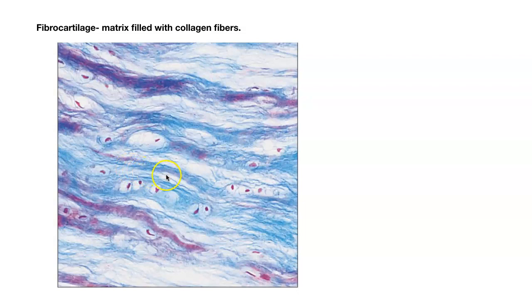The matrix is filled with lots of collagen. All this blue wavy stuff in here is collagen. And there's so much collagen in the matrix, it's kind of pushing those chondrocytes and forming little rows of chondrocytes in their lacunae. So you're seeing little rows here of our lacunae and chondrocytes.